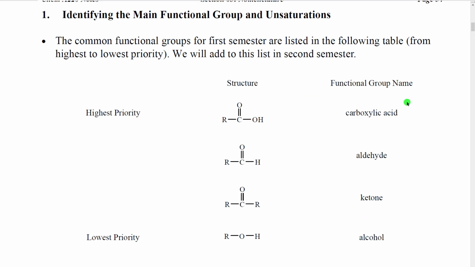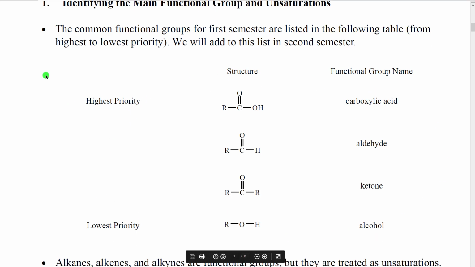The first skill we need to have then is to identify what we call the main functional group and any unsaturation. Now, we are not going to do this for all of the functional groups this semester. Instead, what I've done is I've selected the functional groups that we are most likely to encounter in first semester. So that list is shown here.